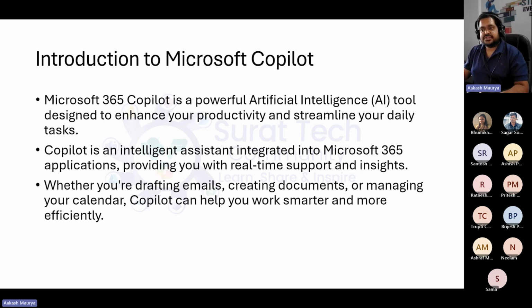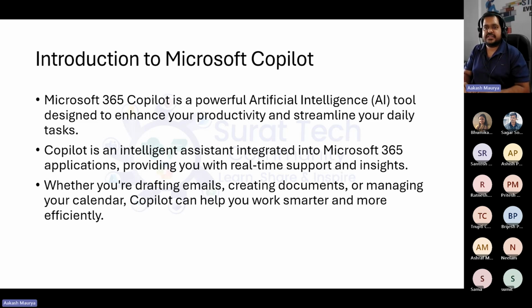In your M365 account, you will have your OneDrive, you might have your SharePoint. All the documents that you have shared into your OneDrive, all the documents that you have in your SharePoint, Copilot will know each and every document, what the content in the document is.